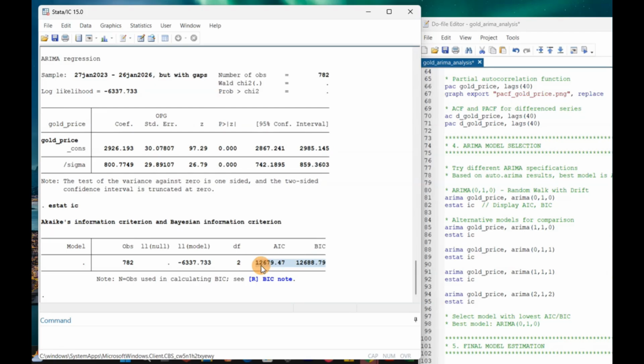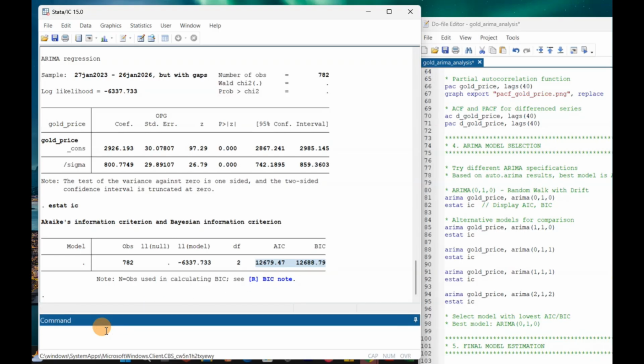Can we just change our 0 to be 1? The 0 in the middle, you can change it to be 1. Okay, you'll be having the model.